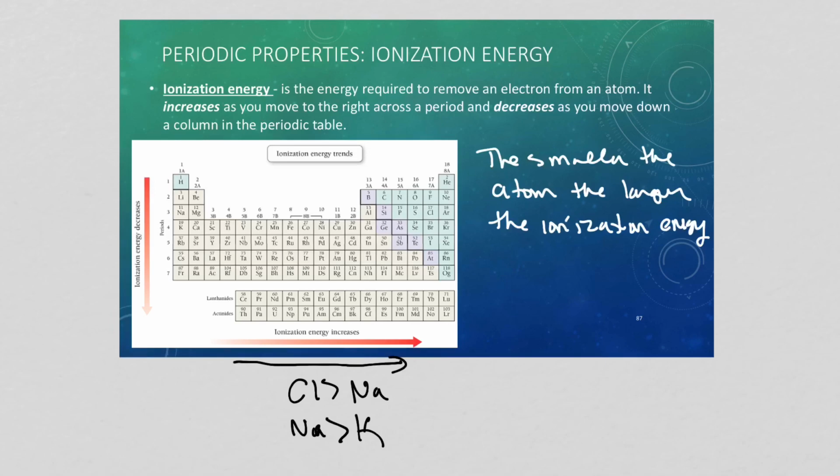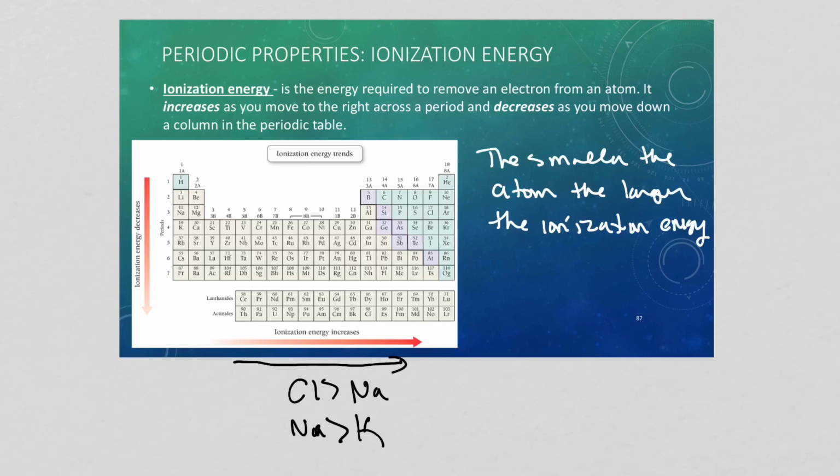So as we look at these trends, follow size. So since we know the size gets smaller as you go across, the ionization energy gets bigger. So chlorine is smaller than sodium, so it's going to have a bigger ionization energy. As we go down, atoms get bigger, so ionization energy gets smaller, right?